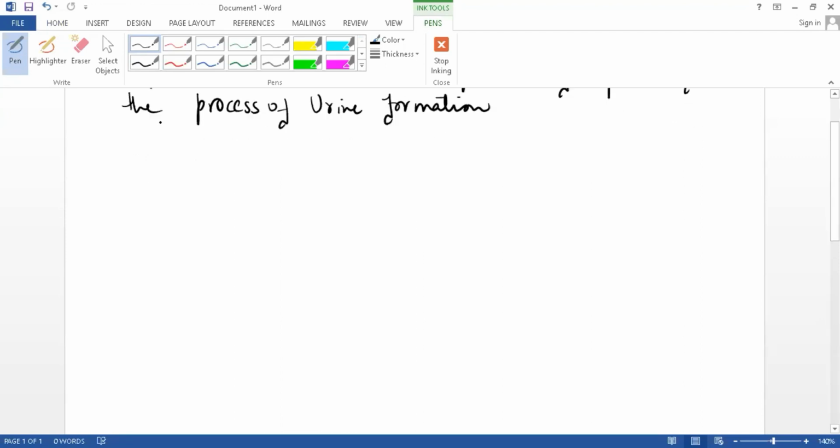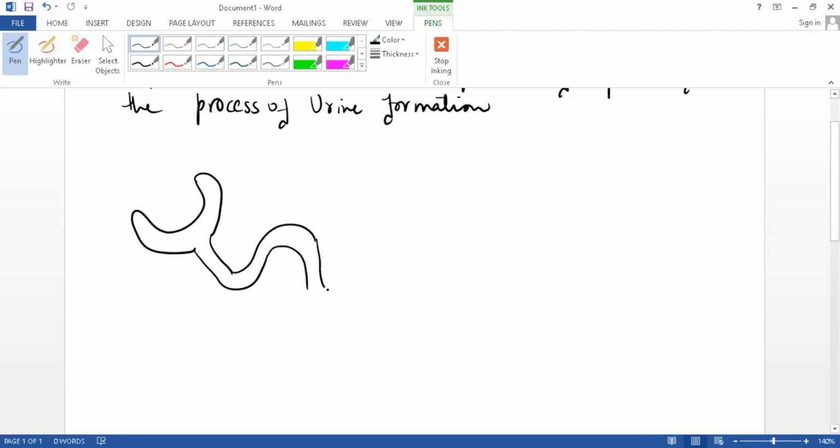So yesterday I told you how the structure of nephron is. First of all, it has a Bowman's capsule, also called renal capsule. And then I told you that I'm not going to draw the blood capillaries, peritubular capillaries, in detail, but I will be showing glomerulus.